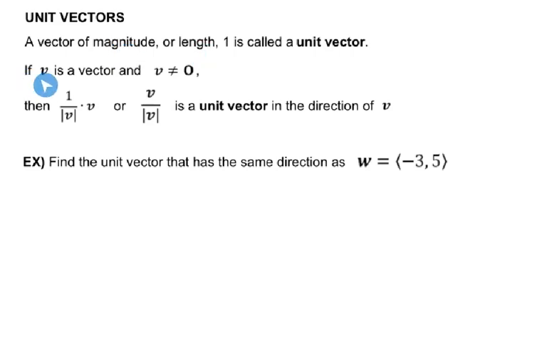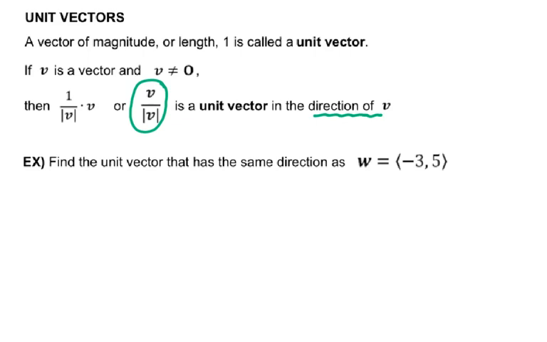So if v is a given vector, and as long as v is not equal to the 0 vector, then if we take the vector and divide it by the magnitude, we will get a unit vector of length 1, which is in the same direction as the original vector v.